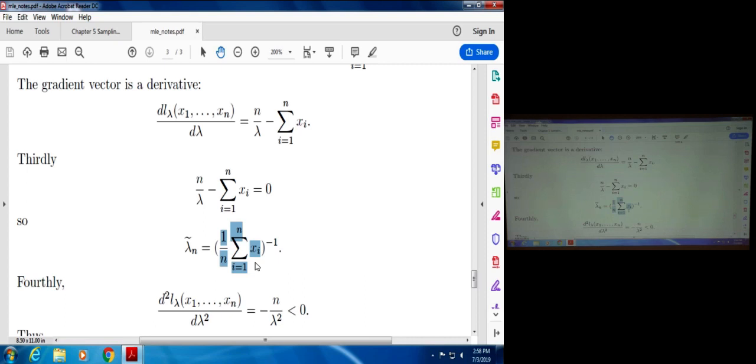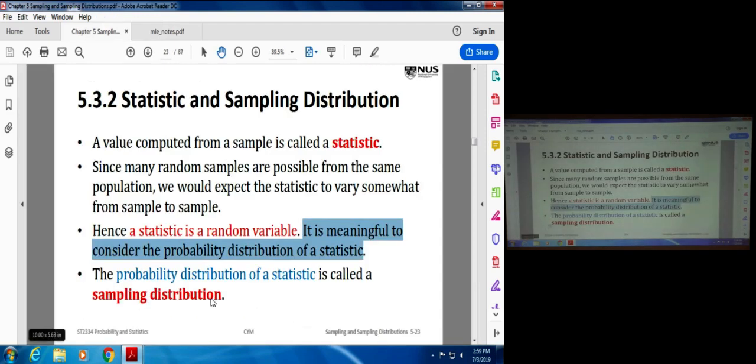If I treat this function as a random function of IID random variables and ask what the distribution of that is, that's called the sampling distribution. That's precisely what this red text says here.